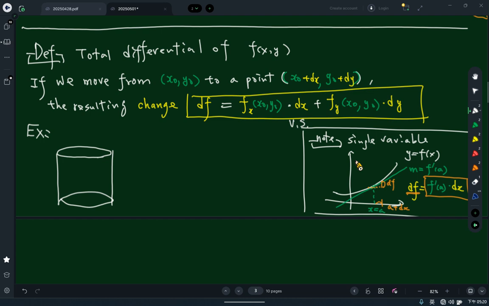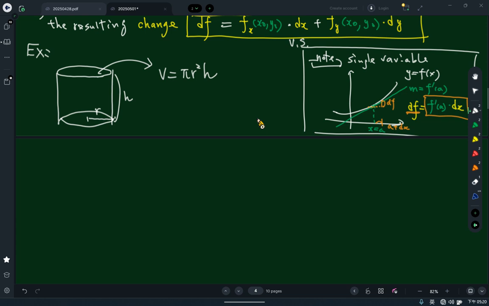Then we know if we want to calculate the volume of a can, V should be defined as pi r square h, right? Pi is a constant, r is the radius for the base, and h is the height. This is a typical example.